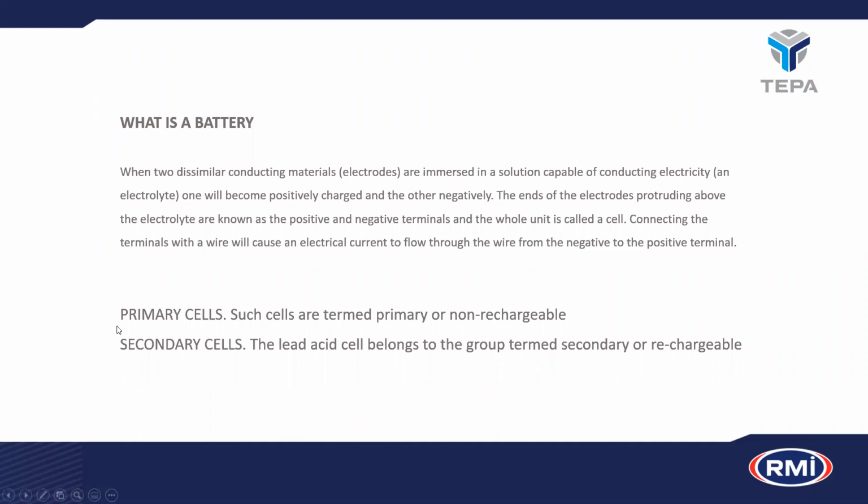So we talk about primary cells and we talk about secondary cells. Our automotive batteries are all secondary cells because they can be recharged by reversing the current into them. Fundamentally, when we start the vehicle, we draw a high amount of current from the battery, and once the motor is running, the alternator restores that current back into the battery by reversing that flow.